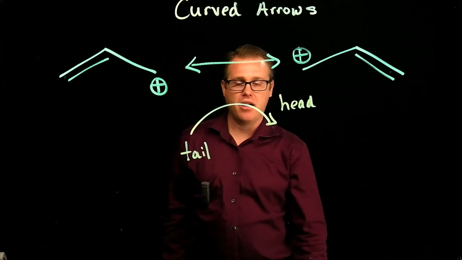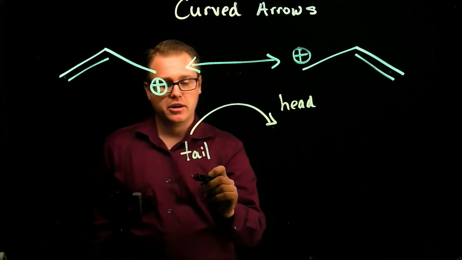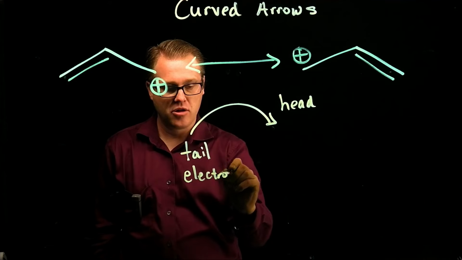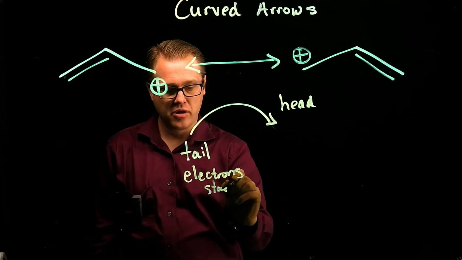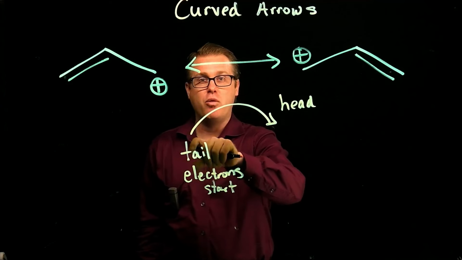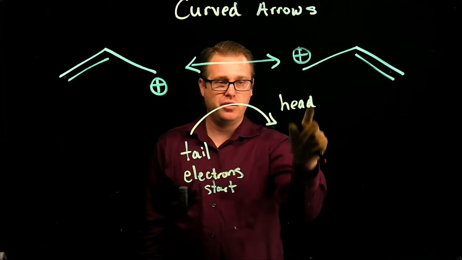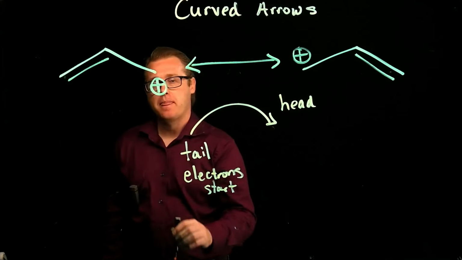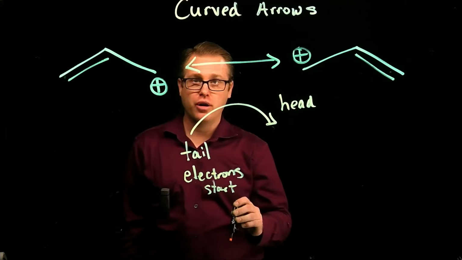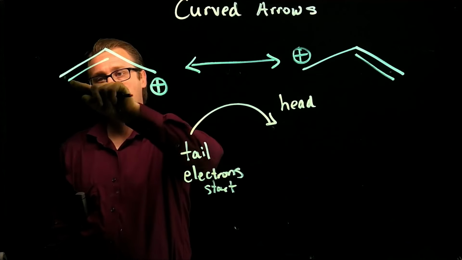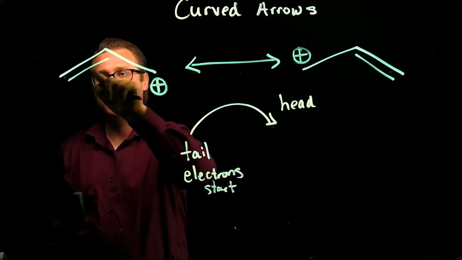And a curved arrow is used to show where the electrons start. Electrons start at the tail, and where those electrons move to is at the head. So for example, I can draw a curved arrow telling you and me where these pi electrons are moving.